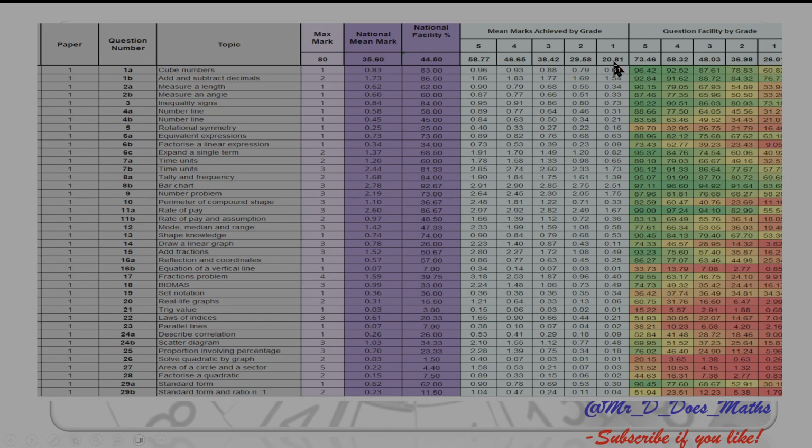The other thing that I've left in here that's quite useful is questions facilitated by grade. What that tells you is the ease of each question. If I take the example of the grade 5, just because that's quite a useful one to look at, the students found the trig values the hardest.